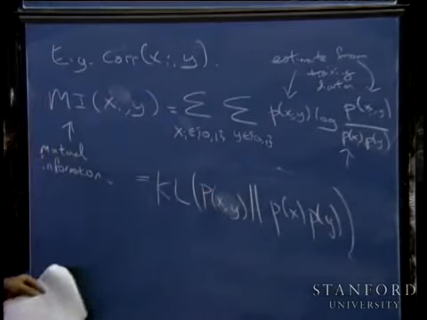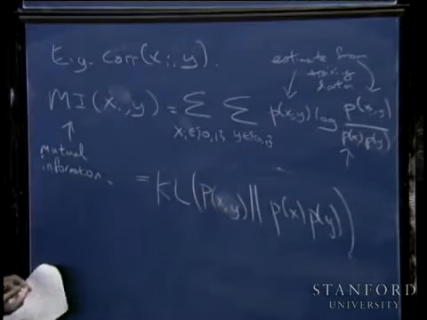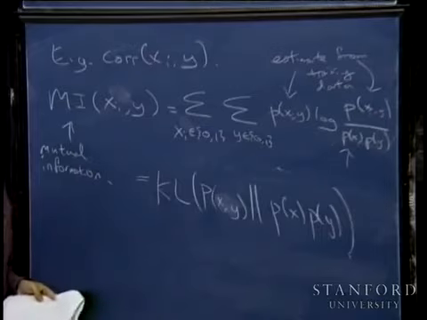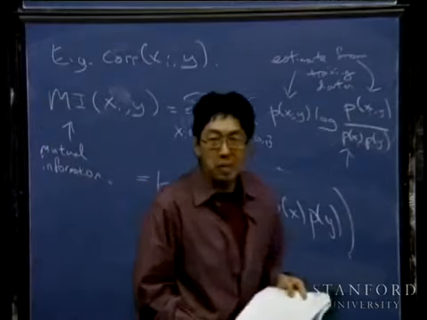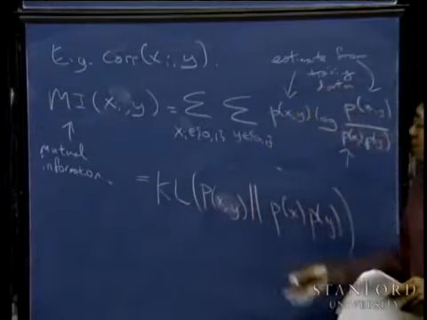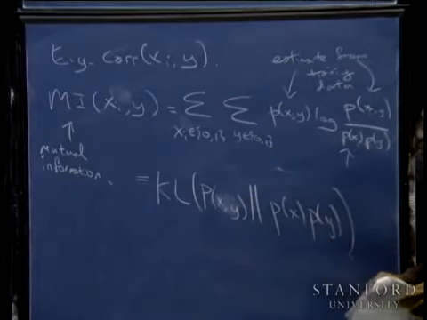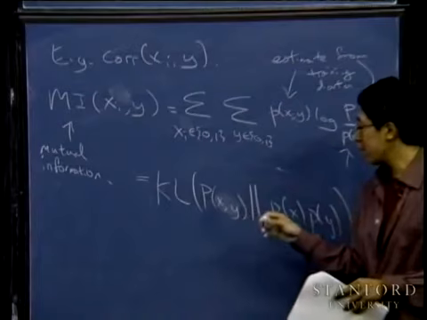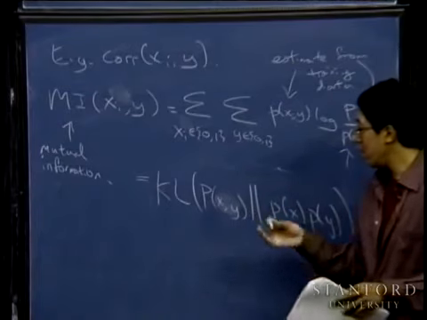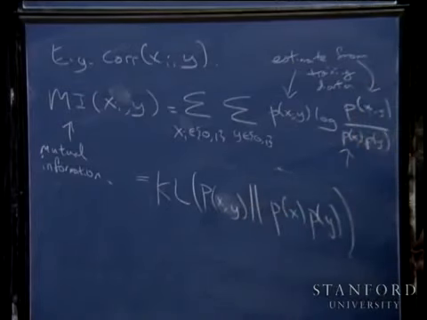If you take a class in information theory, you will have seen concepts like mutual information and KL divergence, but if you haven't, don't worry about it. The intuition is that KL divergence is a formal measure of how different two probability distributions are.